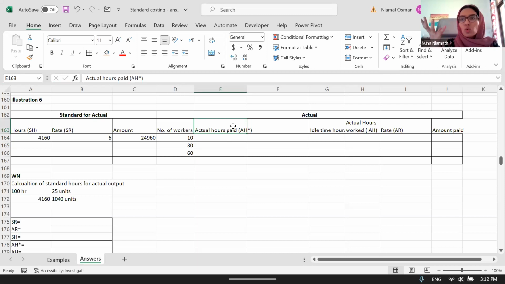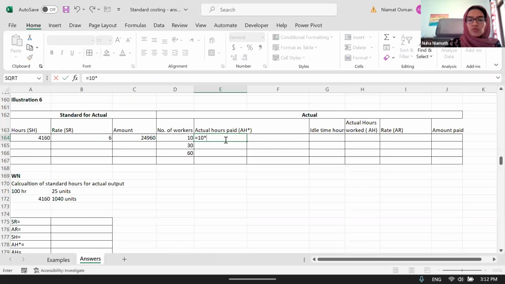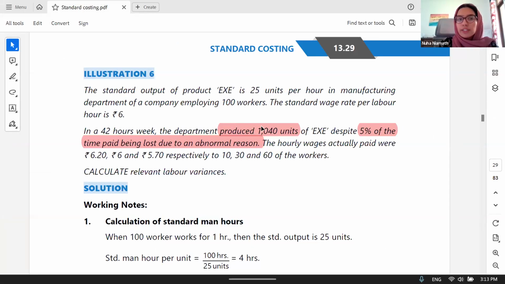Paid is the total, not considering the idle time. So the total hours paid is for the entire 42 hours, right? So 10 into 42 hours, similarly 30 into 42 hours, because you have 42 hours in a week. We are calculating the production of a week.